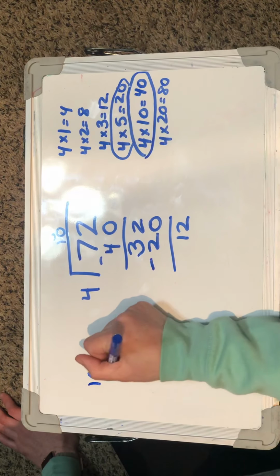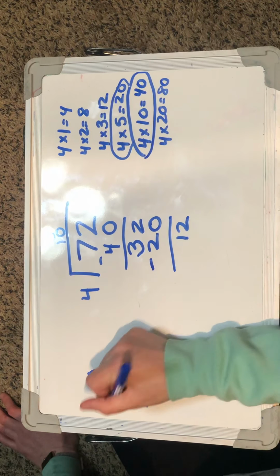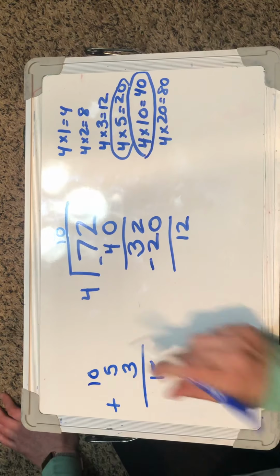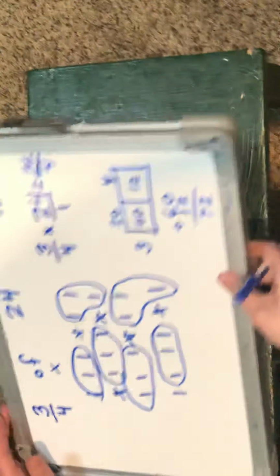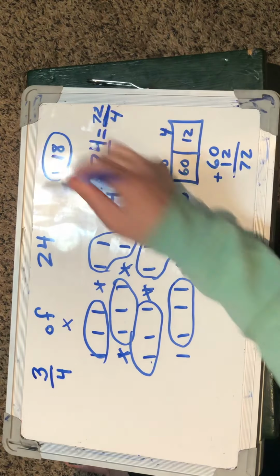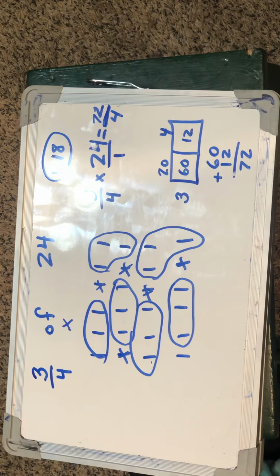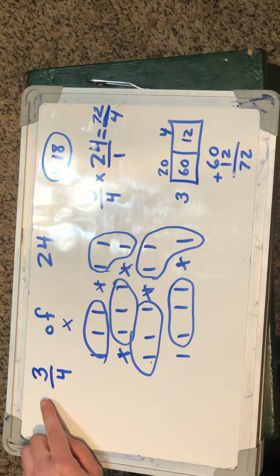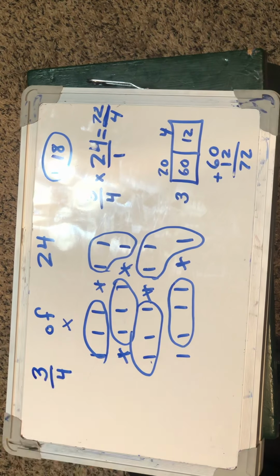So I have 10 plus 5 plus 3 equals 18. That was the answer that we got with our picture right in the beginning. Okay? This was a lot of steps to follow, but if you can remember that of means times, you're going to do just fine. Of means times. Let's look at number 2.